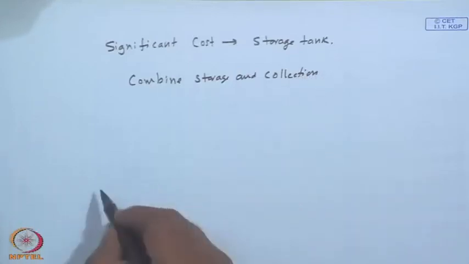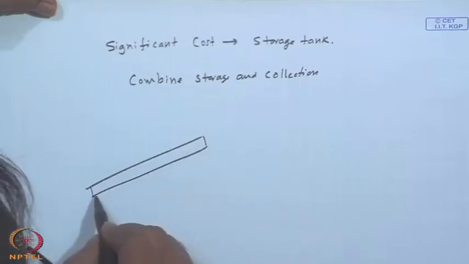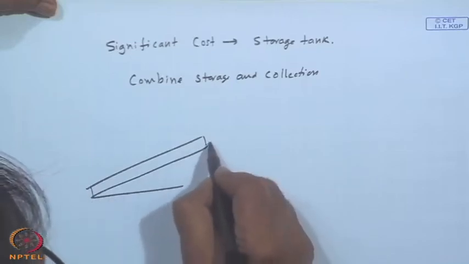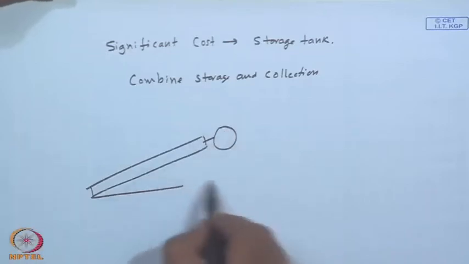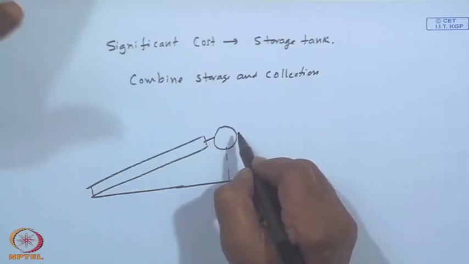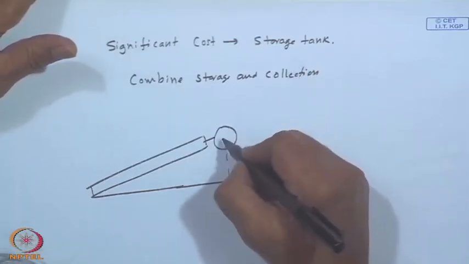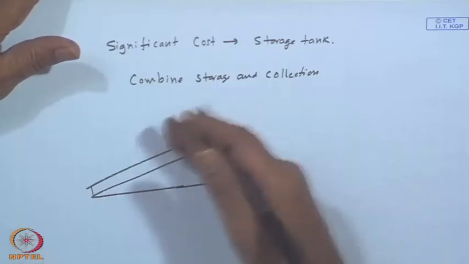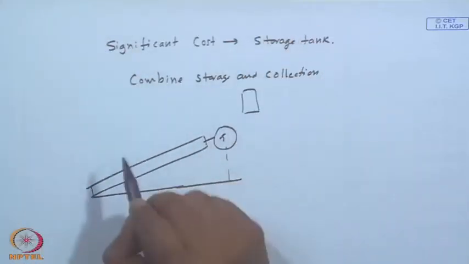Of course, some designs say that storage and the collection are combined with a tank joined with this. This is really not combining the storage and collection, only the tank is kept near the collector instead of somewhere vertical, something like this.